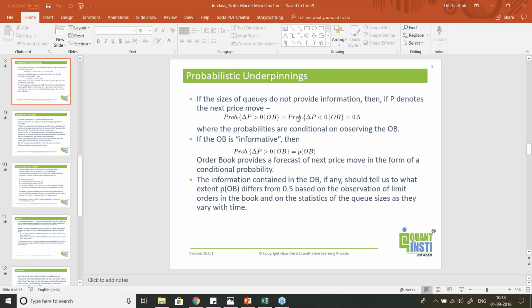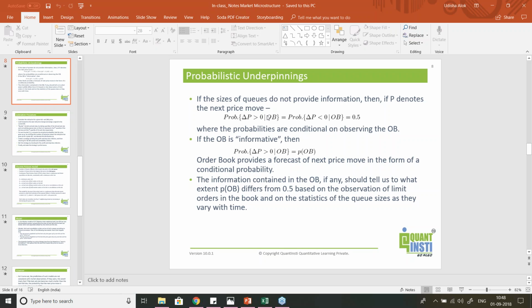So if P denotes the probability given the current state of the order book, and your prediction is equal to 0.5, then there is no information from which you can make any reasonable prediction.